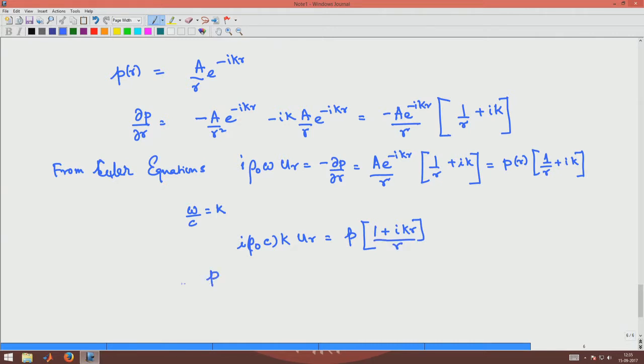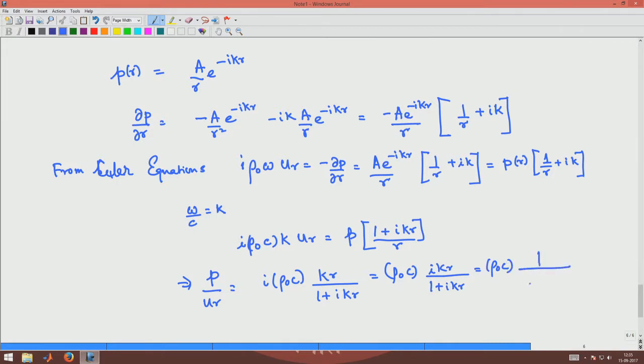In the next step, p by u r is i rho 0 c k r by 1 plus i k r. A little more simplification: rho 0 c times i k r divided by 1 plus i k r, which could also be written as rho 0 c times 1 divided by 1 by i k r plus 1.